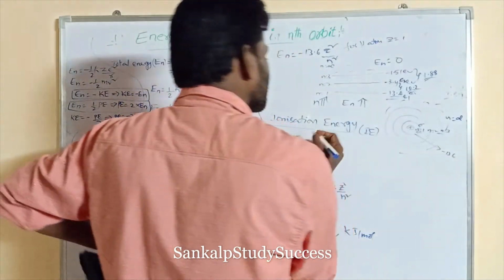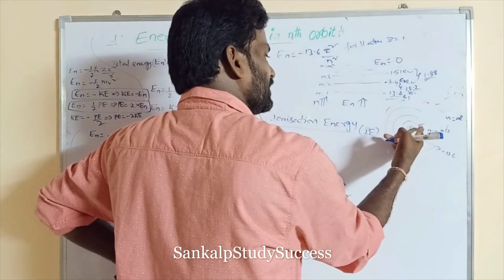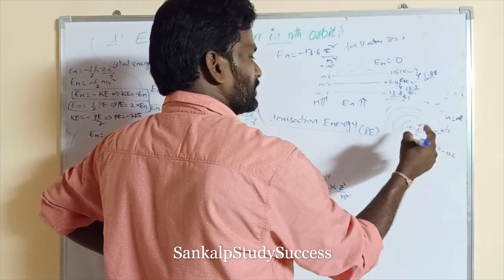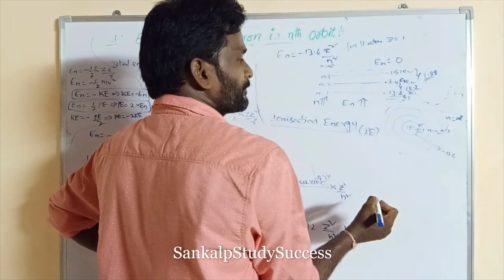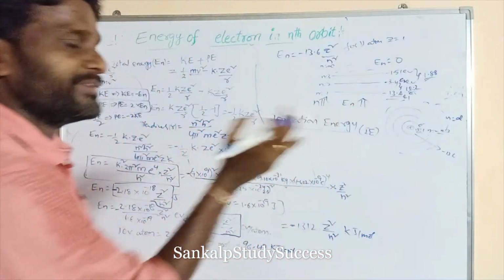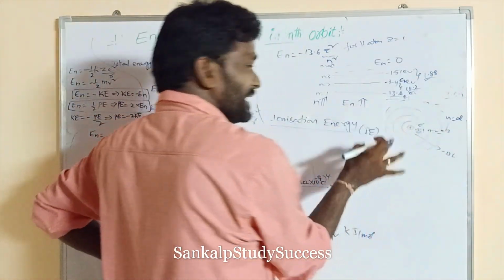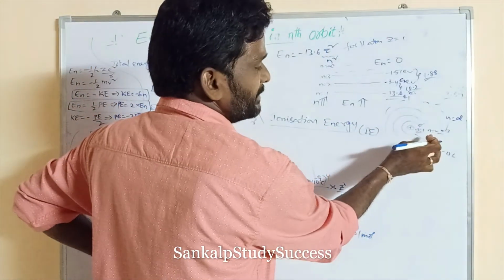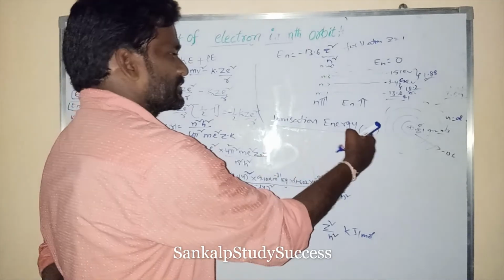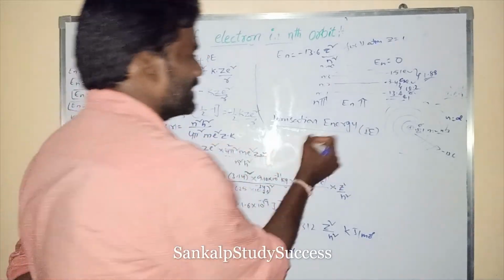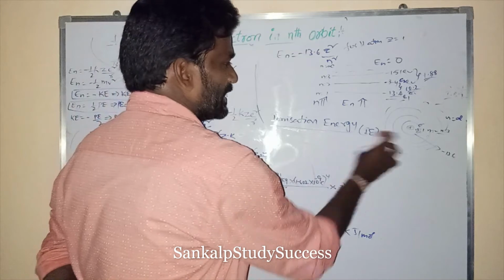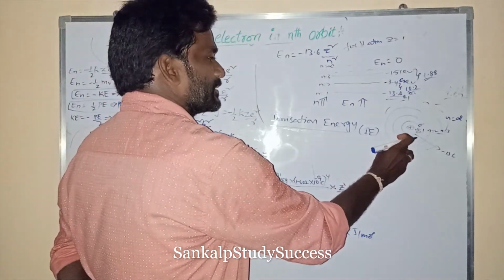If the ionization energy is given to that electron, the electron is removed. After ionization energy, there is no force of attraction between electron and nucleus. So after ionization energy, the electron can be emitted.